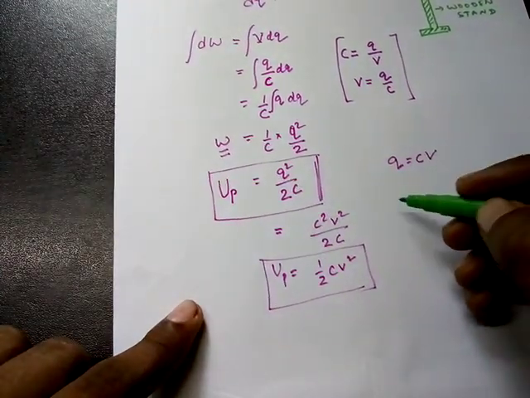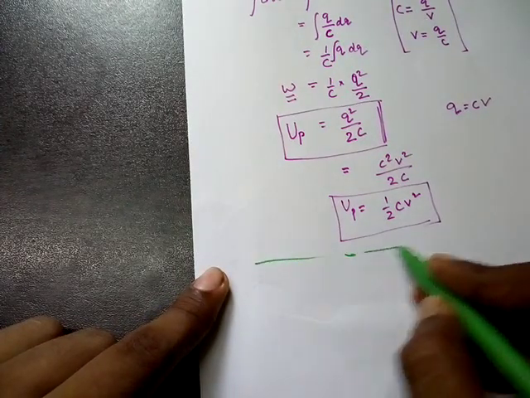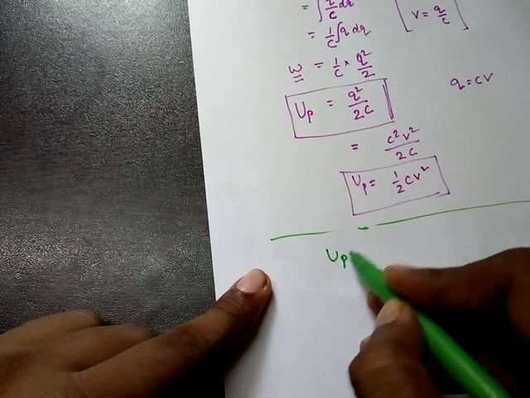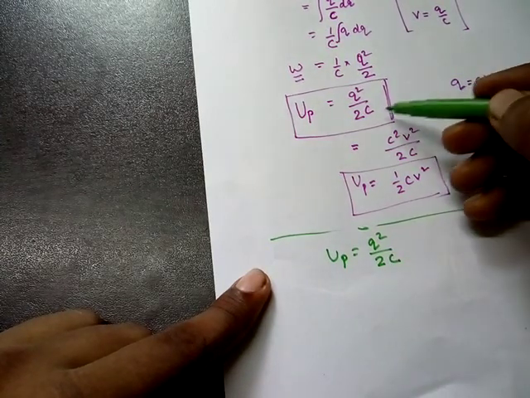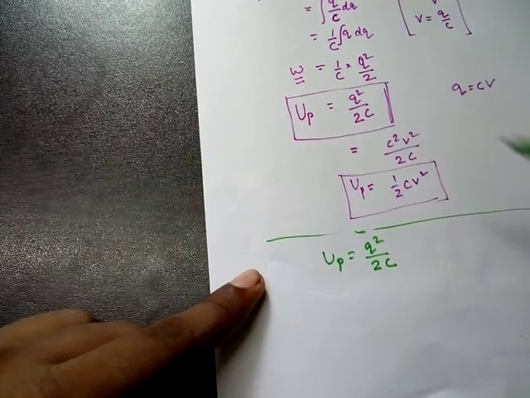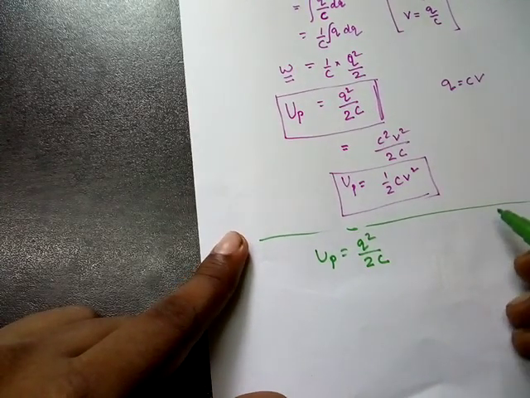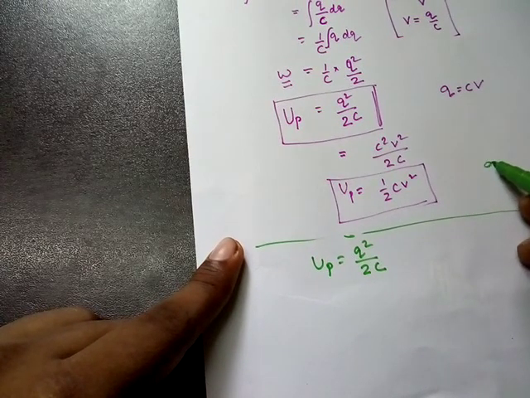Now from this expression I am doing some further extension of this formula. Up is equal to q square divided by 2C. Now again there is a term called surface density of charge.